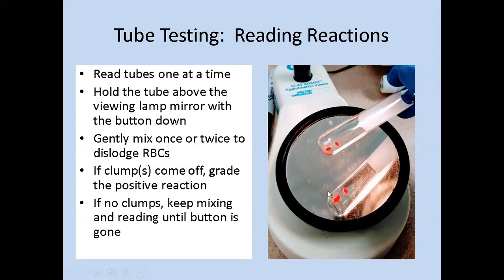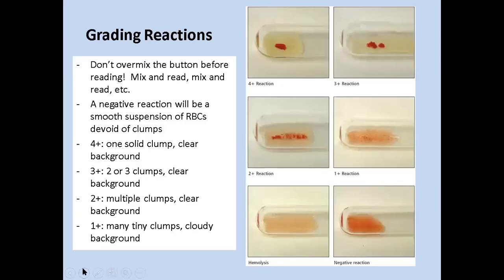So when you have positives, they're going to show up more quickly. When you have a negative, you may have to keep mixing it until everything's completely off the bottom of the tube, and a negative is going to be completely smooth red cell suspension. So in blood bank, all positive reactions are graded. And as I said before, please, no overmixing of the button. Mix and read, etc. until it's off the tube.